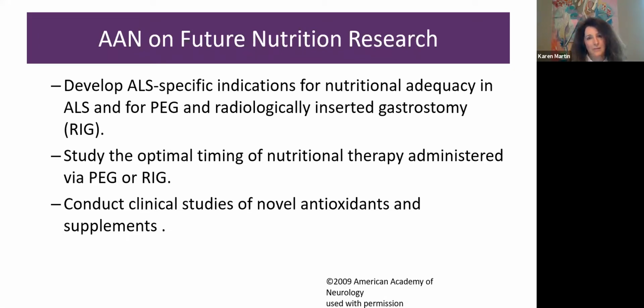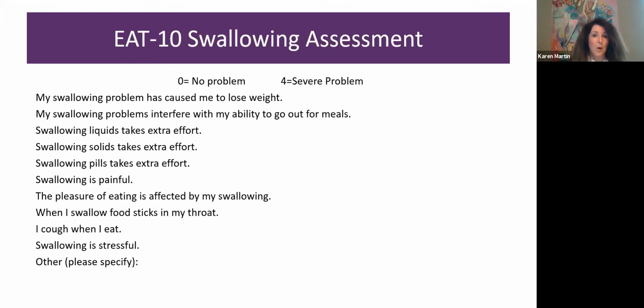that's scientifically appropriate. One of the things that we have been using in the clinic for some time now to look at how much your swallow is impacting your quality of life is this Eat-10 assessment.